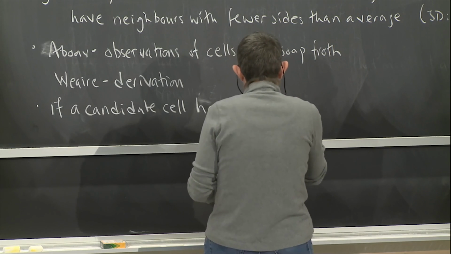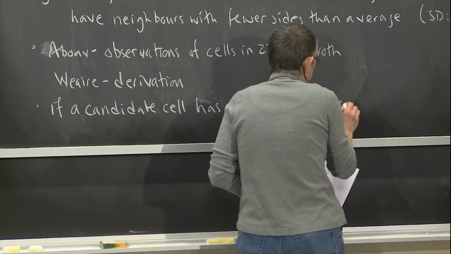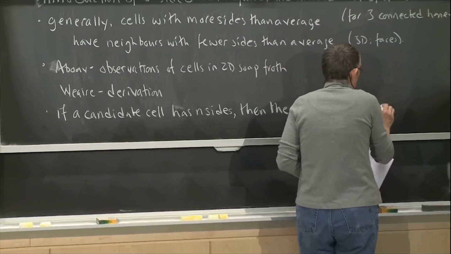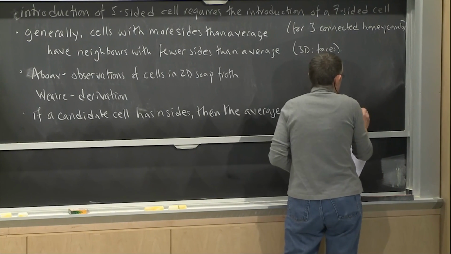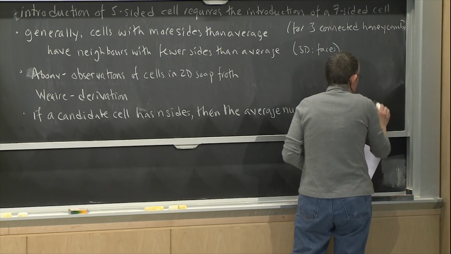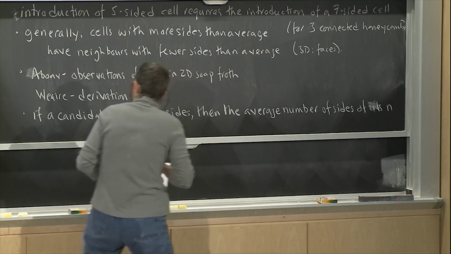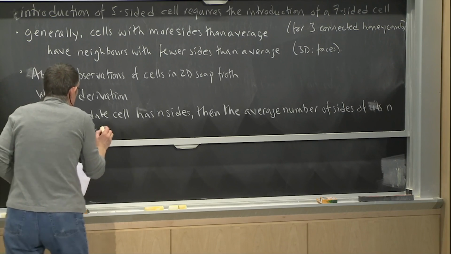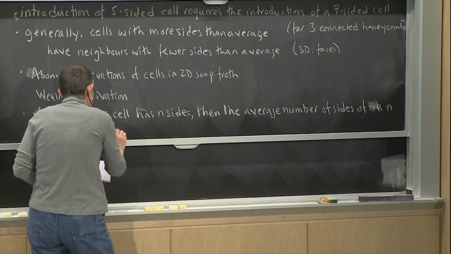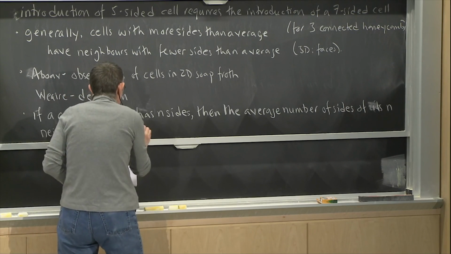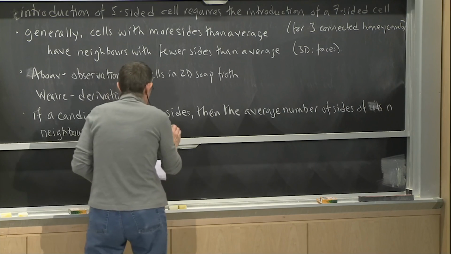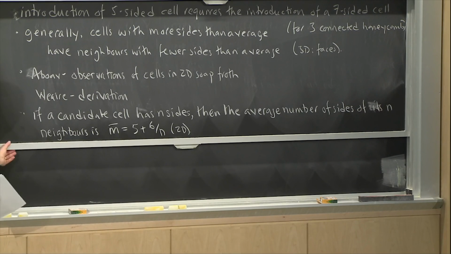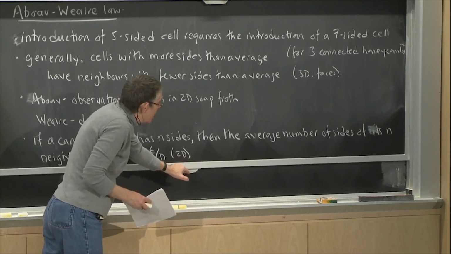So the average number of sides of its n neighbors is m bar, and m bar is equal to 5 plus 6 over n for a 2D honeycomb kind of cell structure.